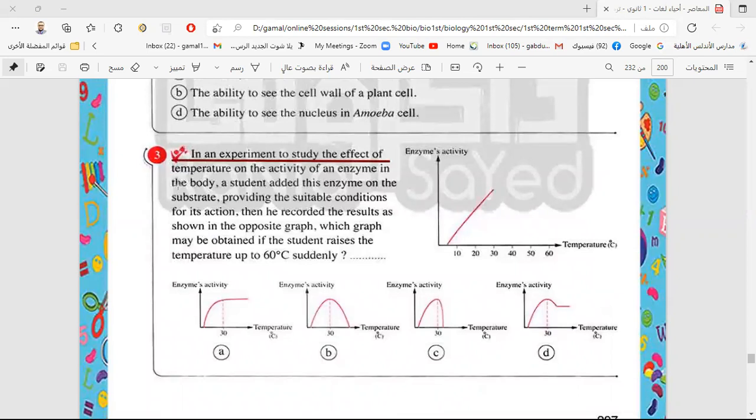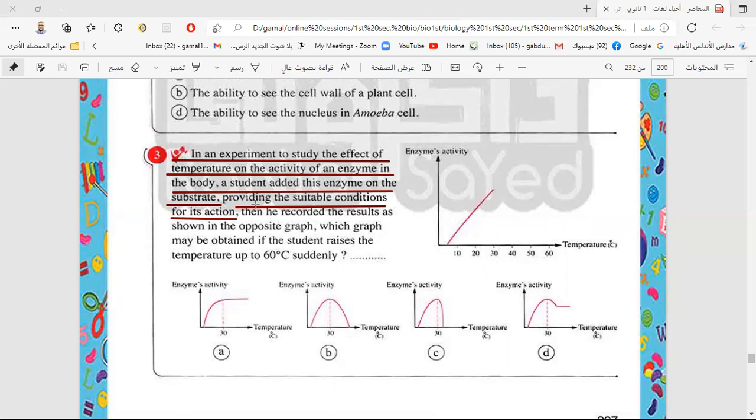In an experiment to study the effect of temperature on the activity of an enzyme in the body, the student added this enzyme to the substrate, providing the suitable conditions for its action. So the enzyme will work, and then he studies the effect of temperature.